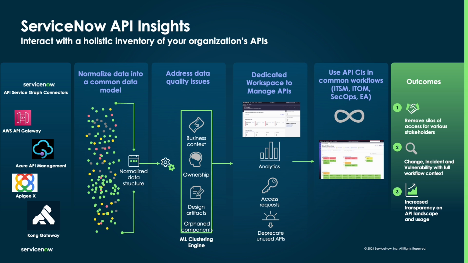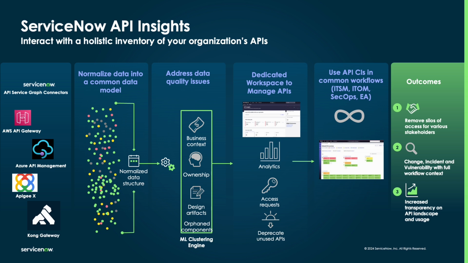Then once these service graph connectors bring in API data, we run an MLA engine to normalize that data into a common data model. So these connectors are for automation and bringing that data automatically. You can also bring in data manually if you would like, or create your custom integration if we don't already have an integration.